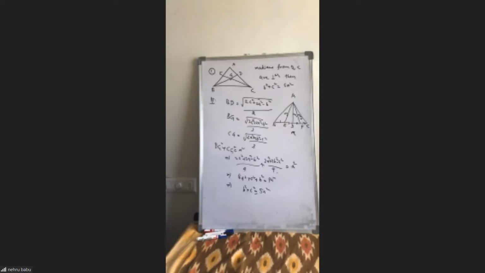M2 square plus M3 square equal to 2M1 square minus A square by 8.